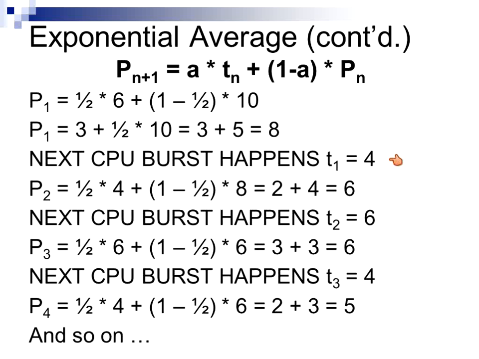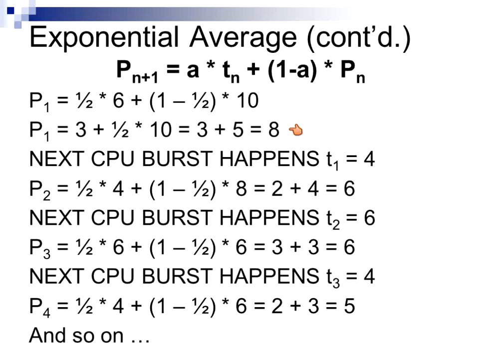So what do I predict that the third process is going to use on the CPU? Now I'm going to predict P2, and the way I do that is, again, I use this same formula. So P2 is equal to 1/2 times the time it was for T sub n, which in this case was 4. I'm going to add to that 1 minus A, which is still 1/2, and multiply that by P sub n.